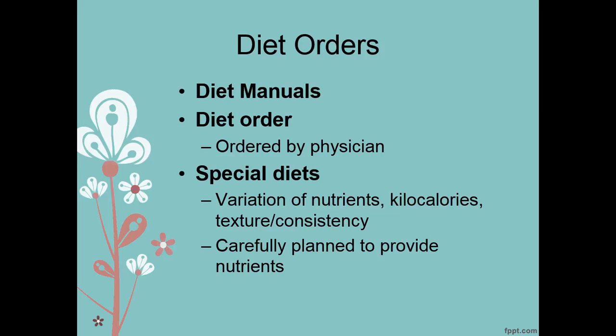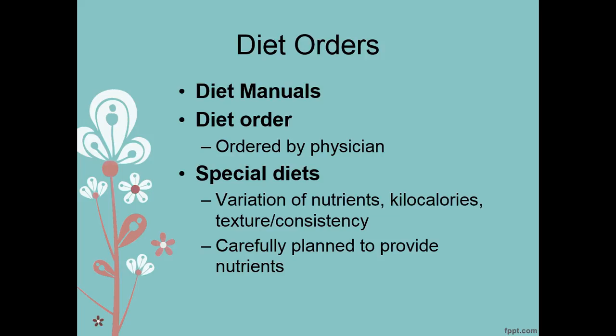And they are ordered. And special diets, we'll talk about some examples of this, but maybe a little variation of nutrients, maybe higher or lower calories, texture, consistency. We can actually modify diets quite a bit. Maybe if we need to make their liquids a little thicker so they can swallow easier.